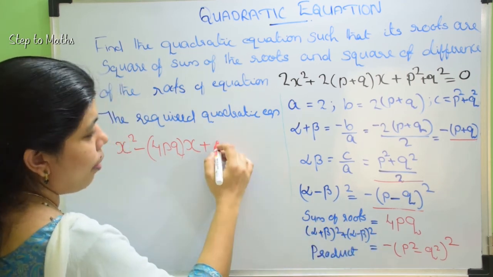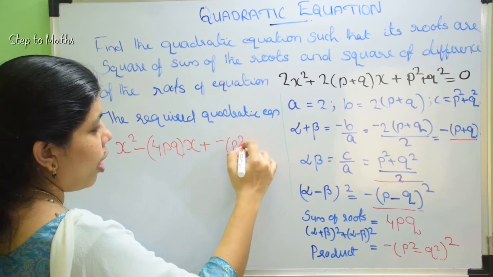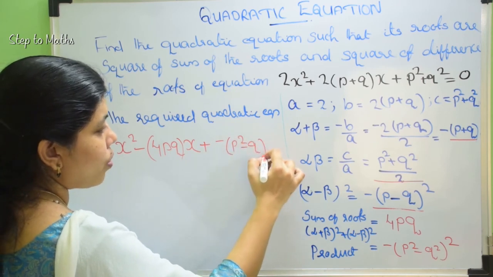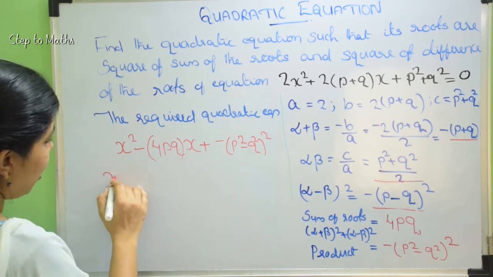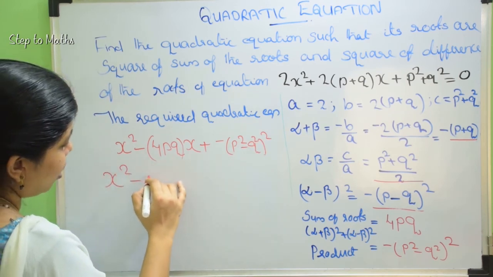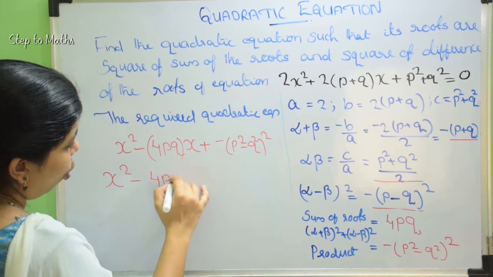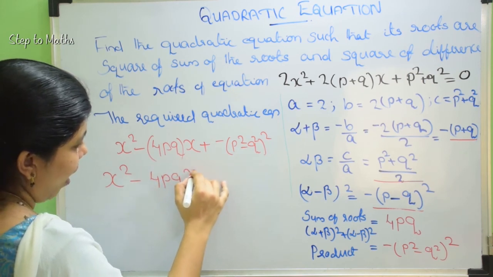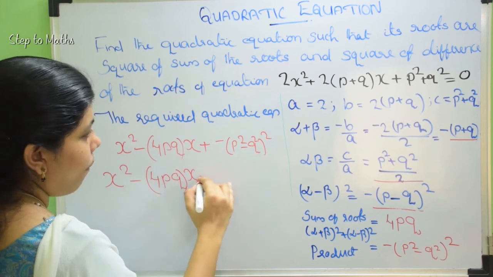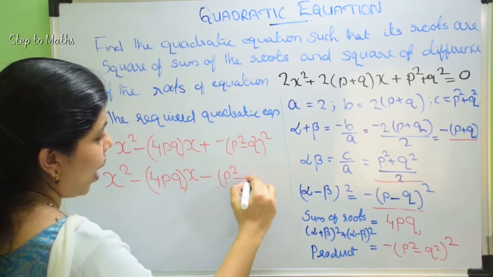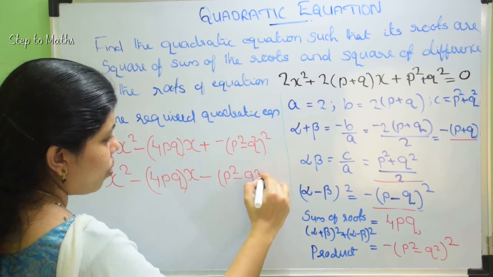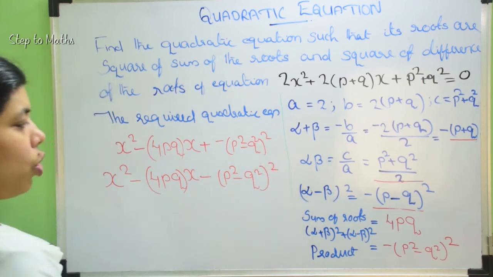The sum of roots is 4pq, and the product of roots is minus p square minus q square the whole square. So we can write it as x square minus 4pqx minus p square minus q square the whole square.